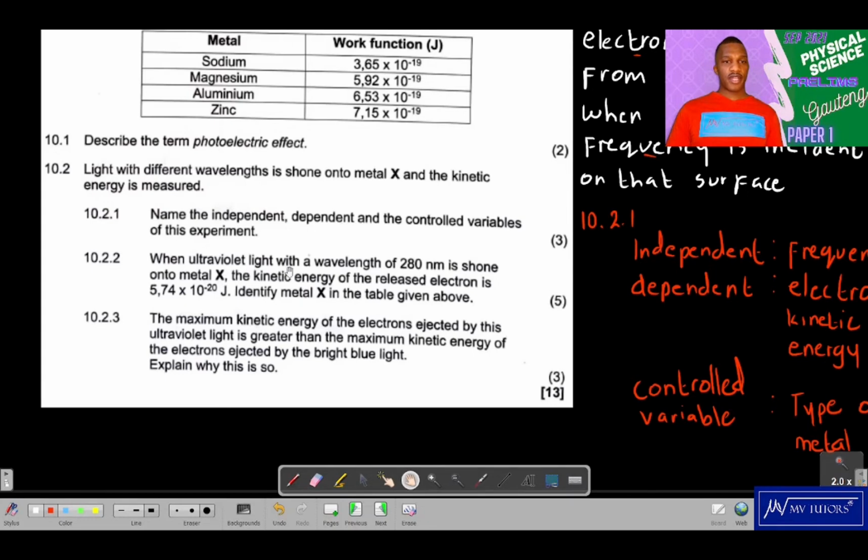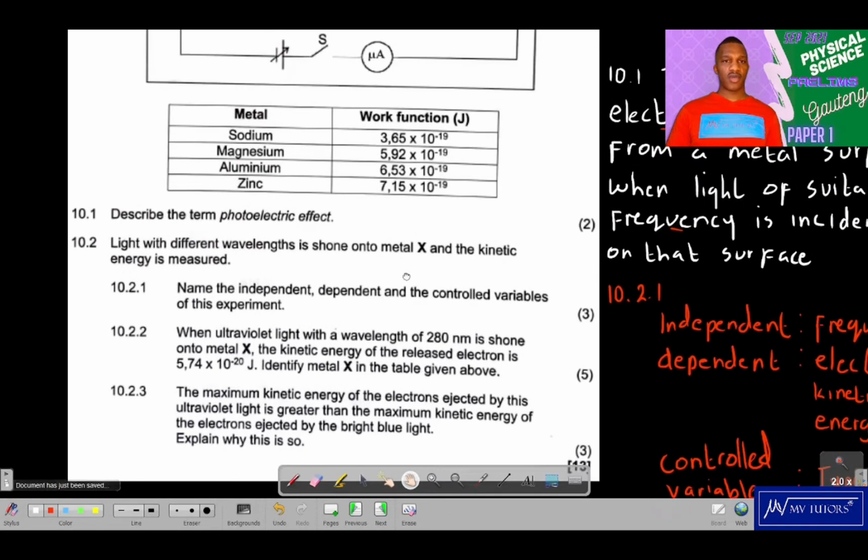When ultraviolet light with a wavelength of 280 nanometres is shone onto metal X, the kinetic energy of the released electron is that many joules. Identify metal X in the table given above.